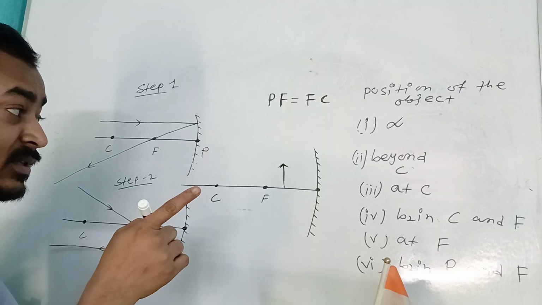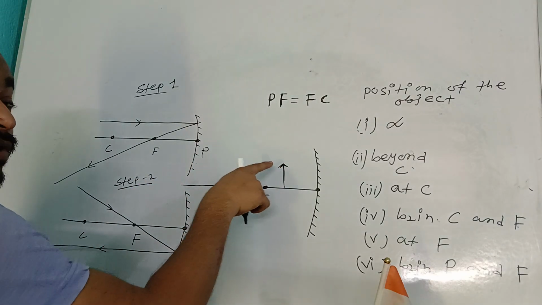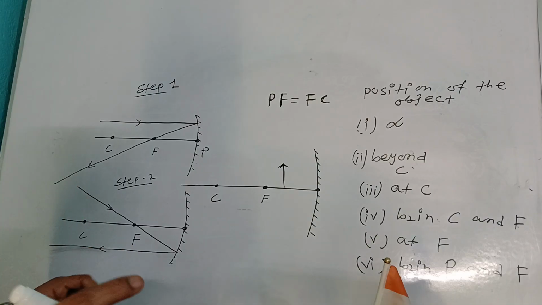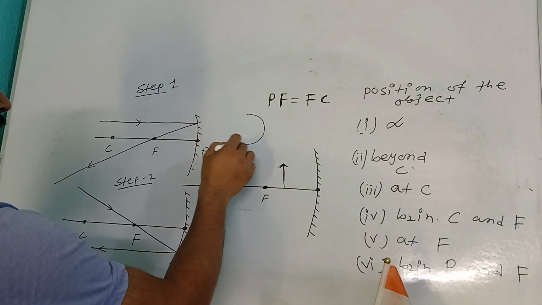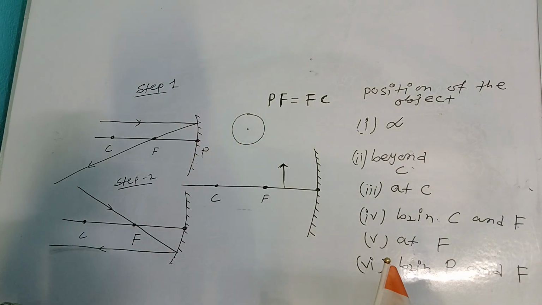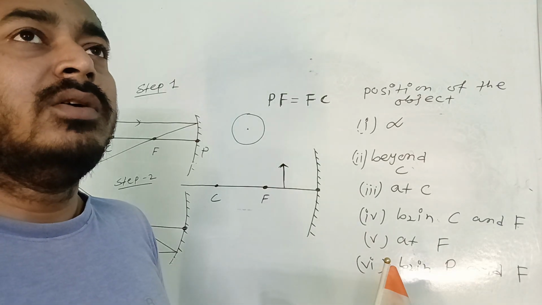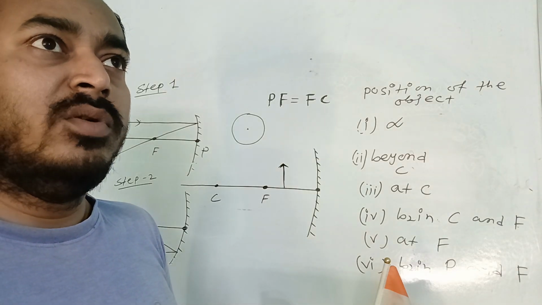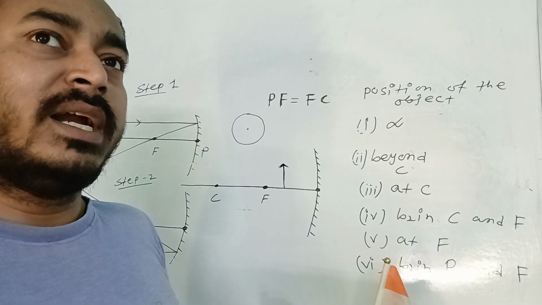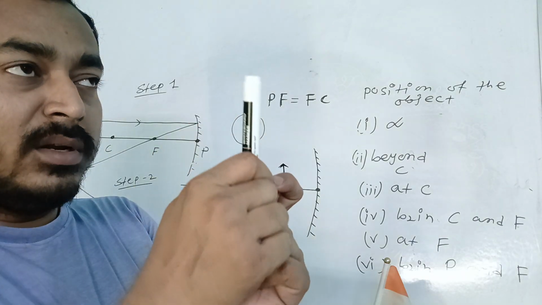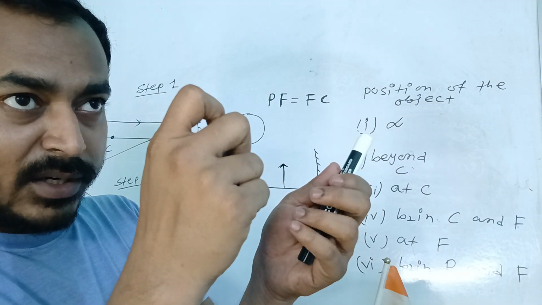Normal incident means how to draw the normal ray. Normal is what? Radius. So, for example, this is the sphere, with its center, and you are standing at the center of a Golgappa, or you are standing at the center of a football, or you are standing inside a gulab jamun, and you are firing a bullet.